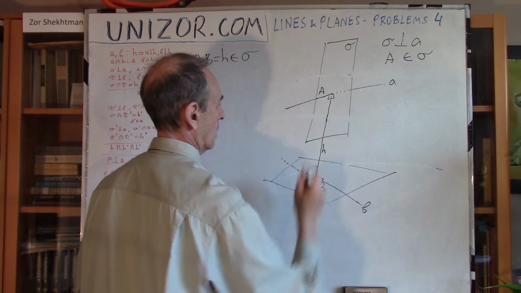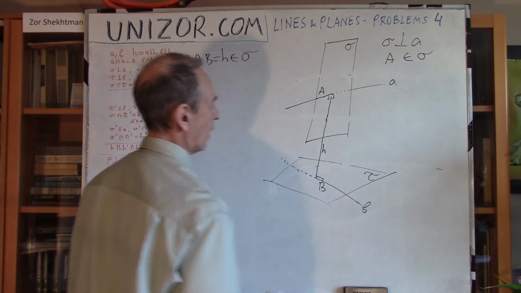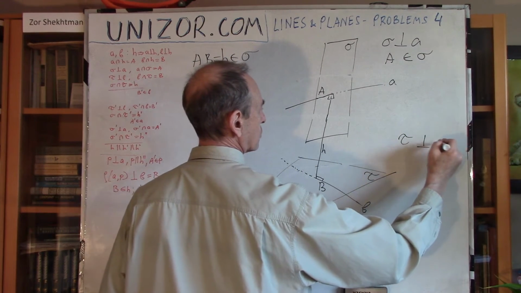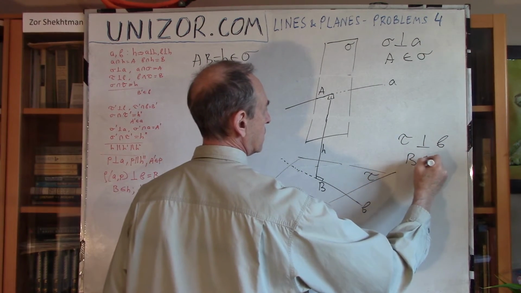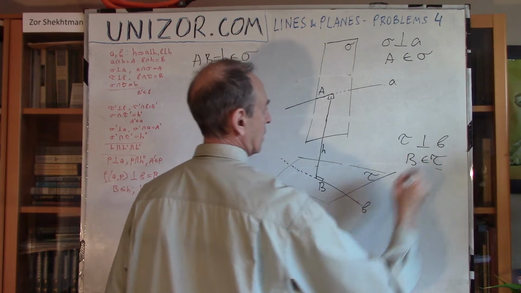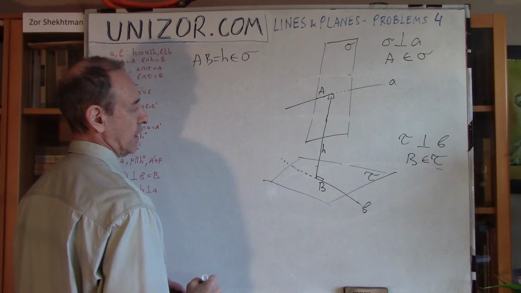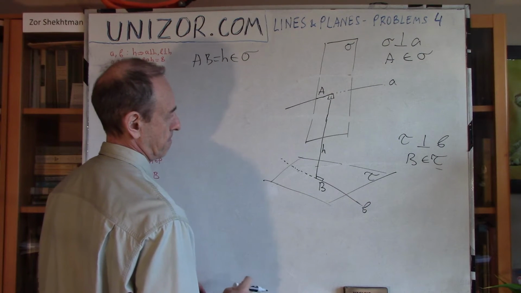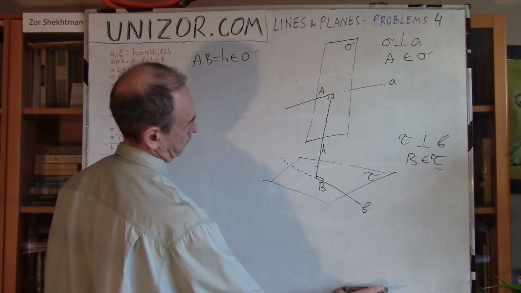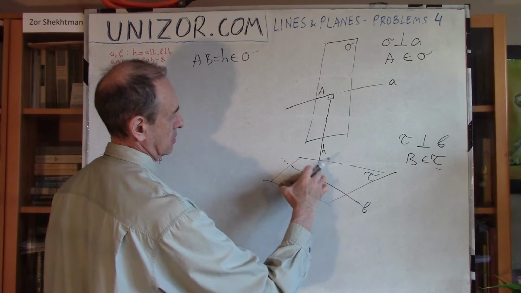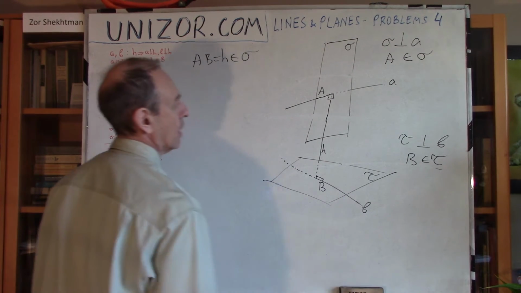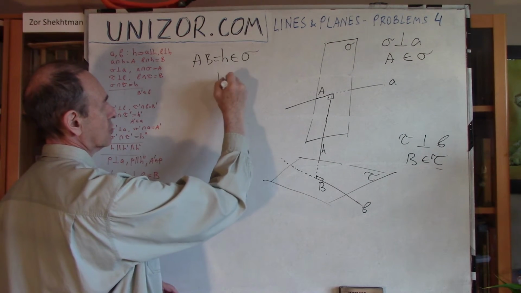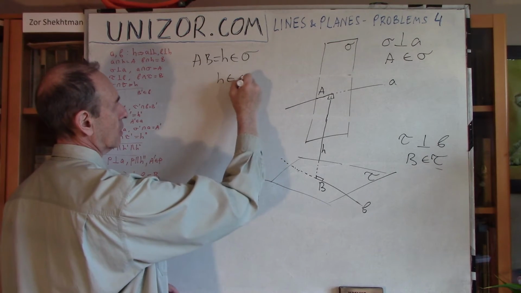And this plane would be, let's say, tau. So I know that tau is perpendicular to line B at point B. I can also say that H also belongs to tau.